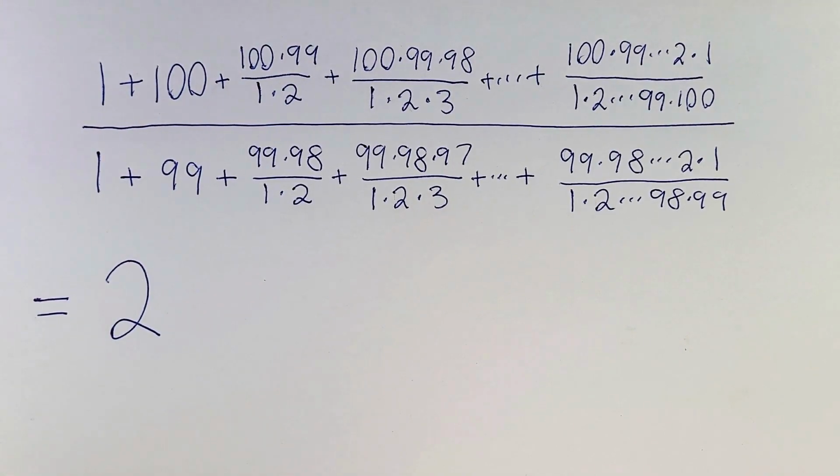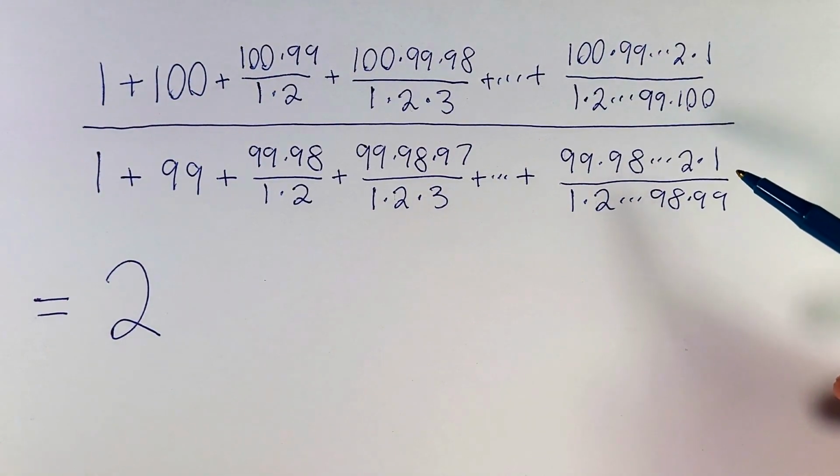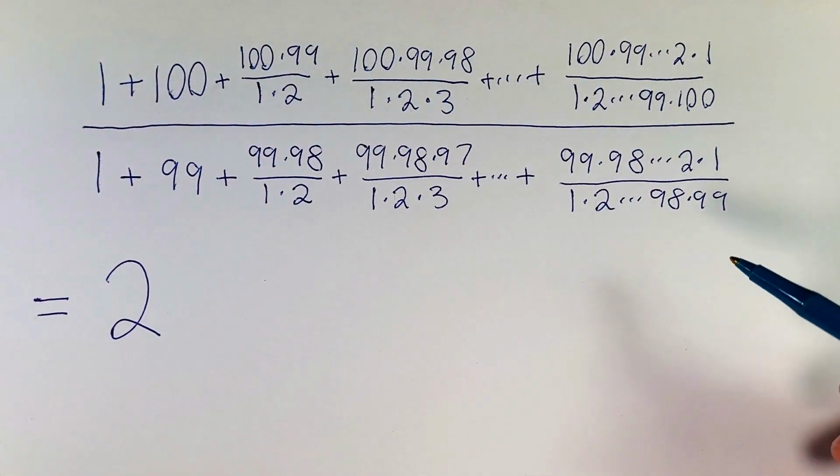So what I'm going to first look at here is the number at the bottom of the fraction, the denominator. I'm going to move that bottom number to the other side of the equation.